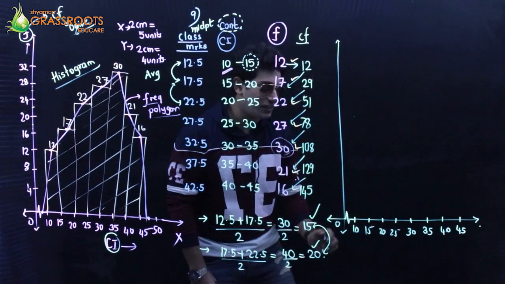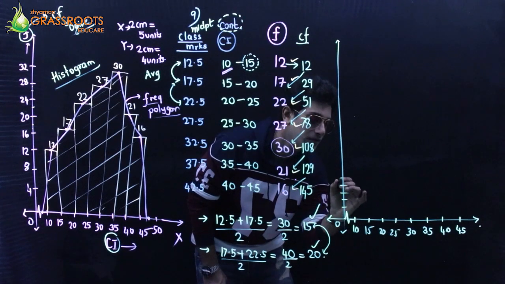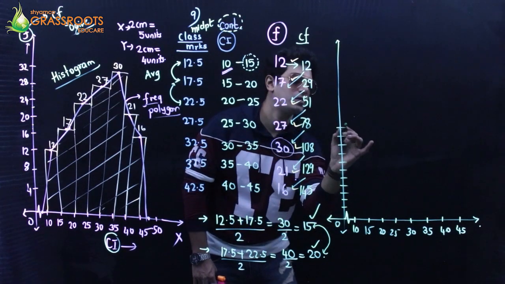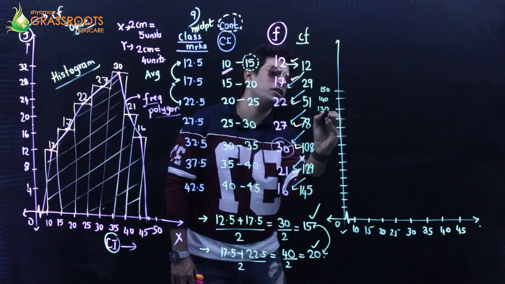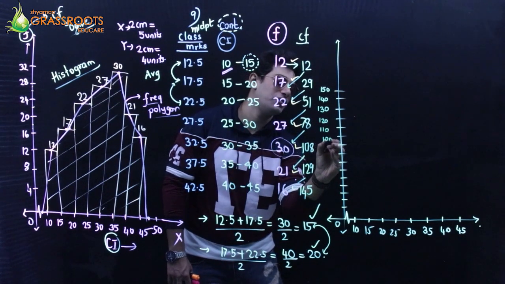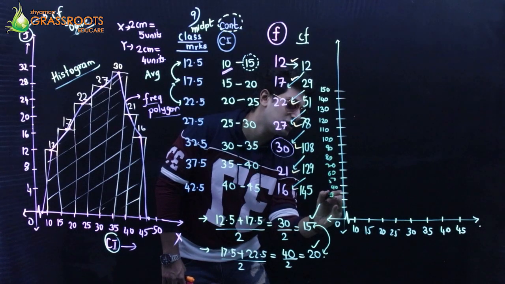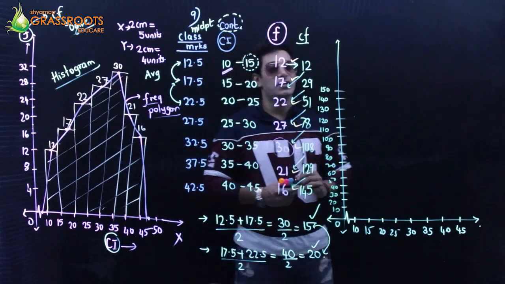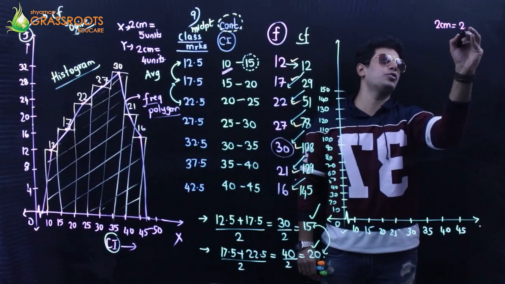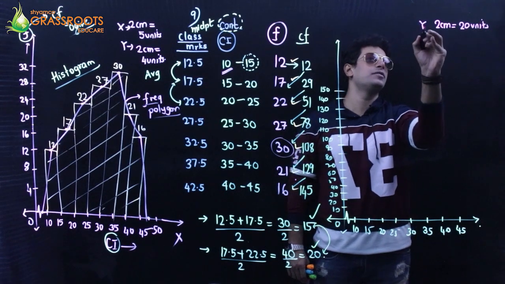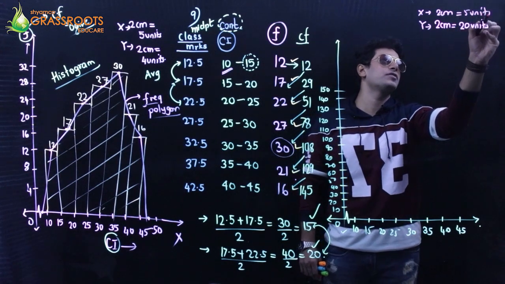So take 1 centimeter as 10, 2 centimeter as 20. So this is going to be 150, 140, 130, 120, 110, 100, 90, 80, 70, 60, 50, 40, 30, 20, 10, 0. So 1 centimeter is 10 units. So 2 centimeter is equal to 20 units on the y-axis. And on the x-axis, 2 centimeter is going to be equal to 5 units.